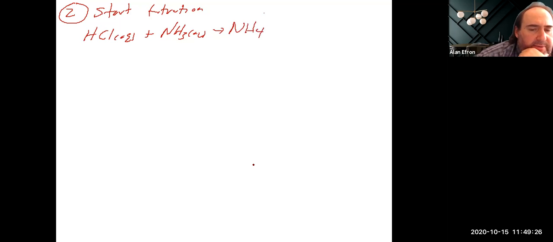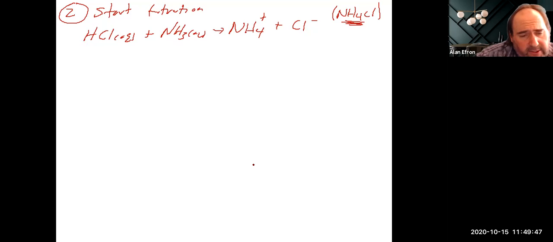I'll split it apart. You could, like on that first one, keep it together as NH4Cl, however you want to do it, but I'll break it up so we can see what we have going on in terms of all the pieces here.